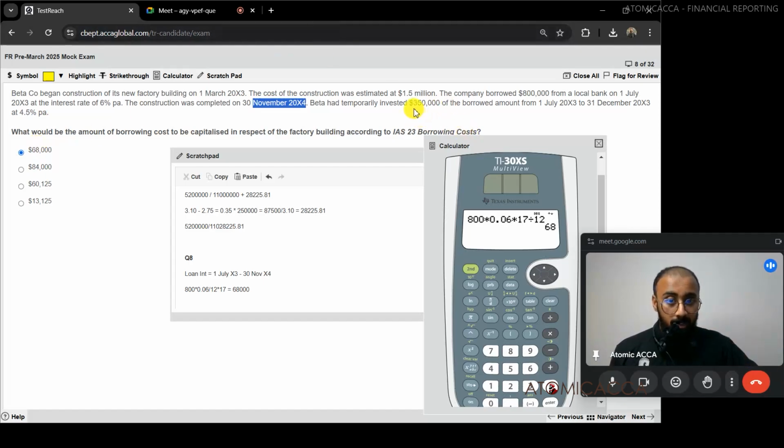I did some investment as well. How much was the investment? Investment was from 1st July X3 to 31st December X3. As told, that was only for 6 months.